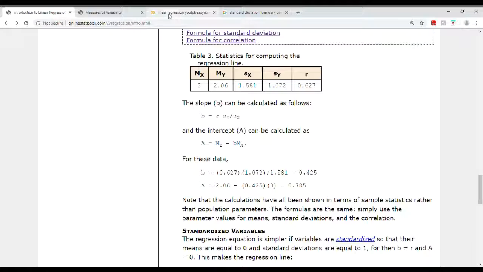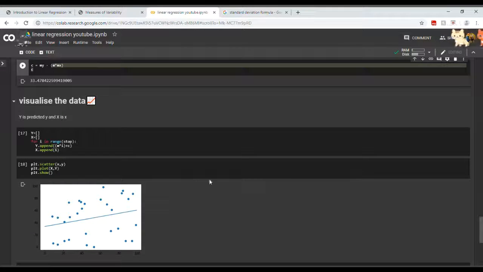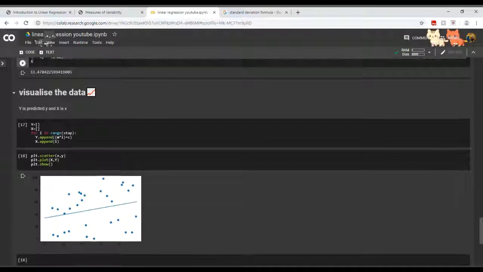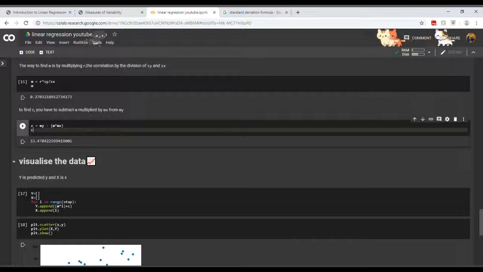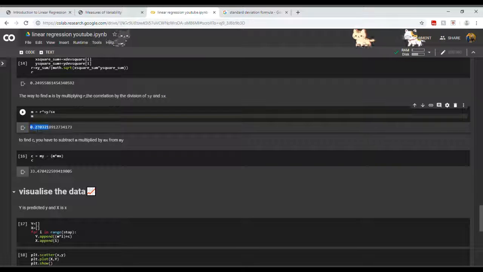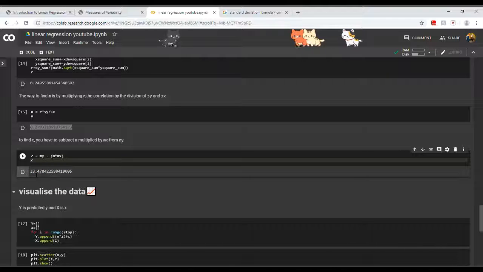Figure it out yourself. I'm not a PhD student. If you're not a kid, then please comment down below, as they all say. So we found C, and this is M. You see, such a small gradient, and this is C, the y-intercept. That's where it all starts.